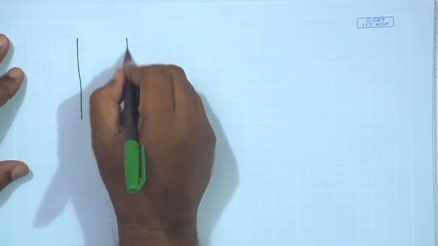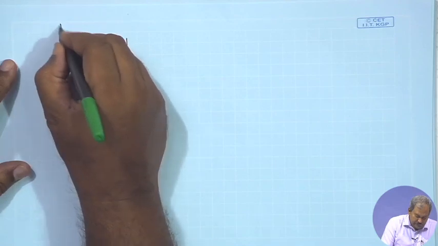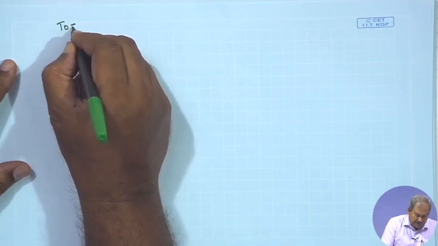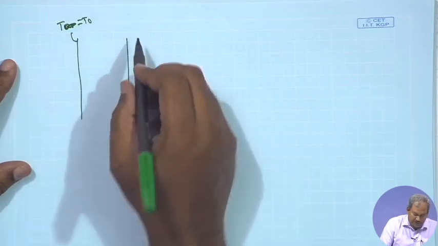What I would like to very quickly do is give you a problem to practice on. Let us assume that you have again a plane wall where one surface is maintained at T0.